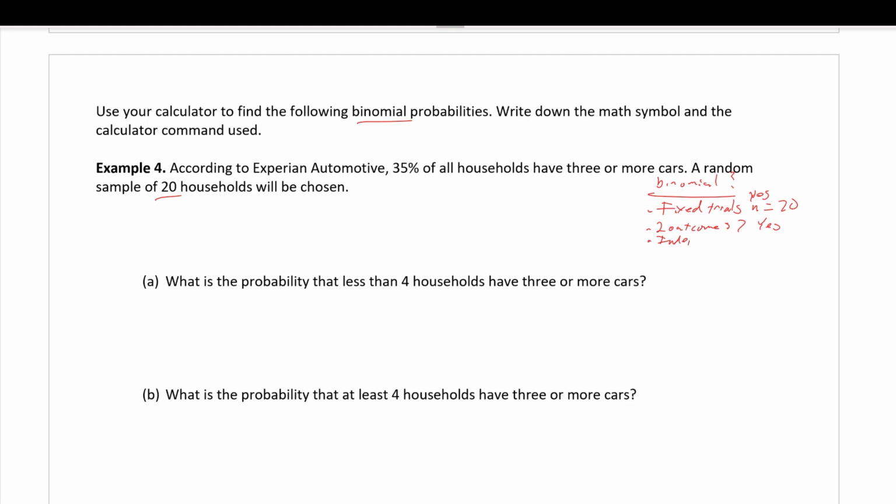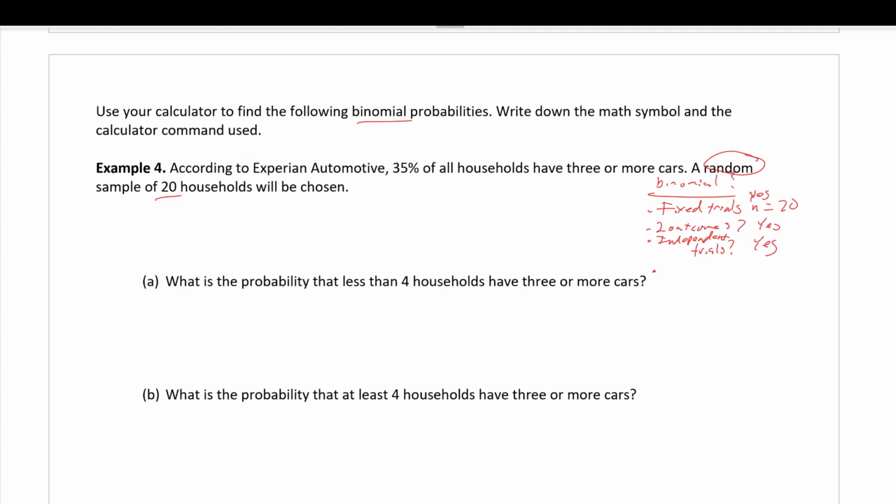Independent trials. A random selection of 20 houses are chosen. So yeah, they're independent from each other if they're randomly selected, right? The response of one household isn't related to the response of another household if they are randomly selected.